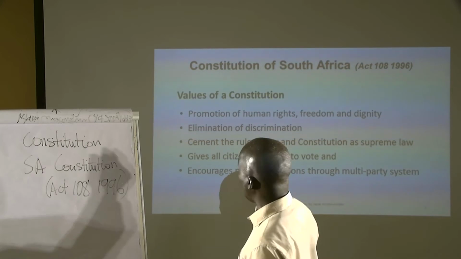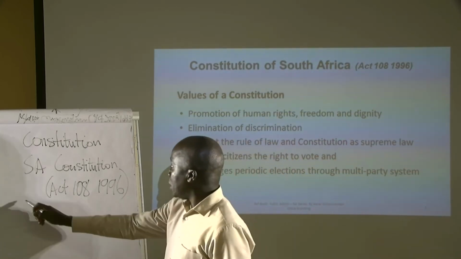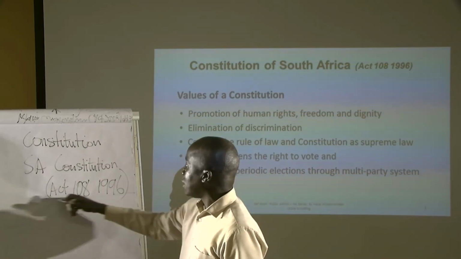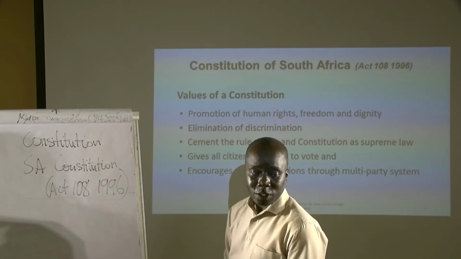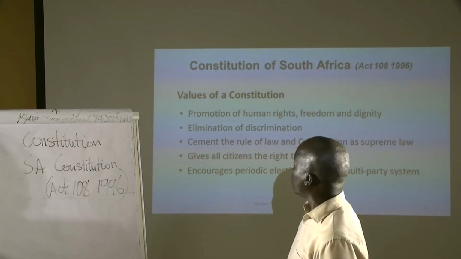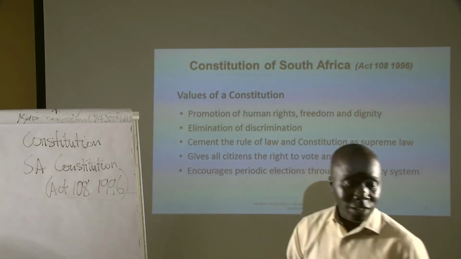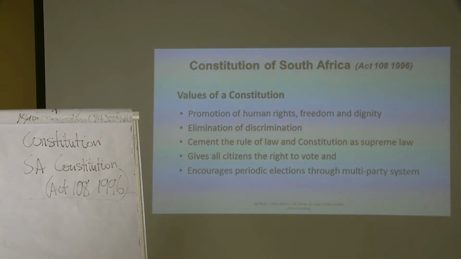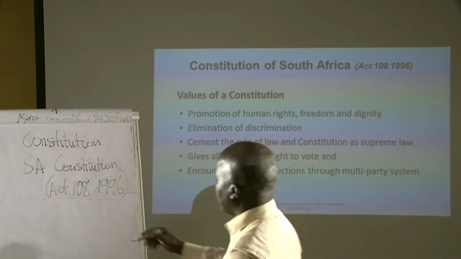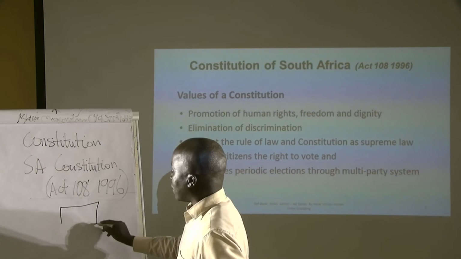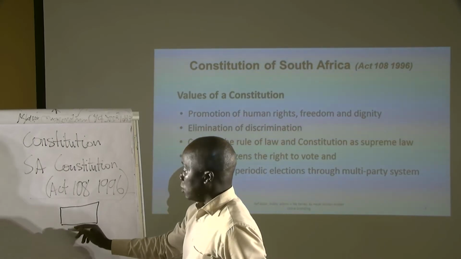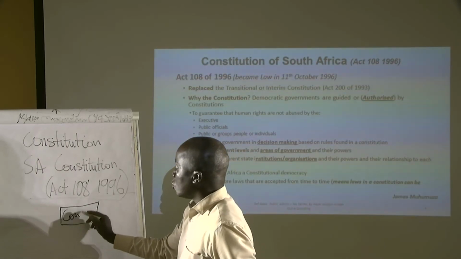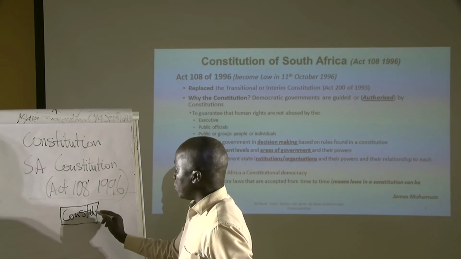As we said, for the elections of 1994 to happen, there was a need to have the Interim Constitution at that stage. So in any country with democratic rule, you need to have the Constitution on the top.